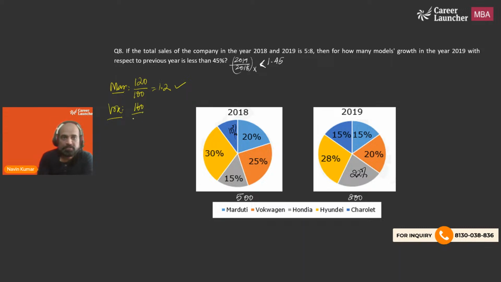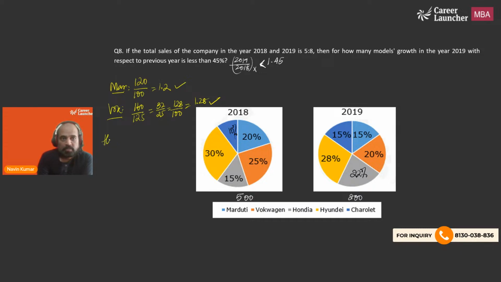And this is 25 into 5, which is 125. So we can get rid of 5 from here. So this is 32 out of 25, which is, if I multiply it with 4 now, this is going to be 128 upon 100, which is 1.28, which is again less than 1.45.